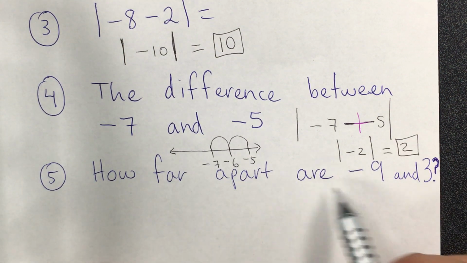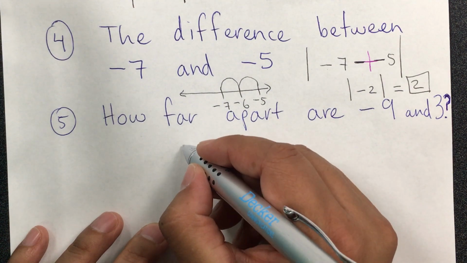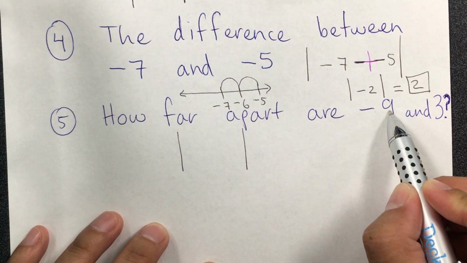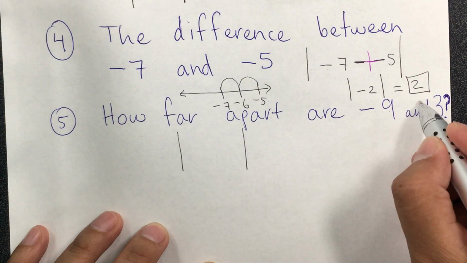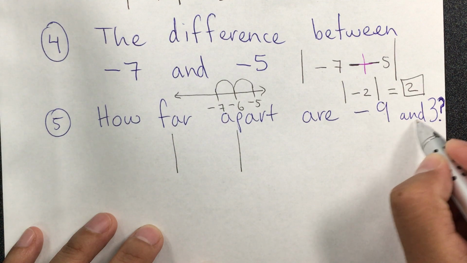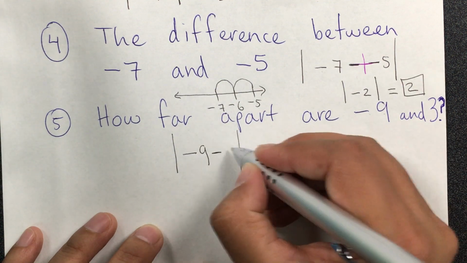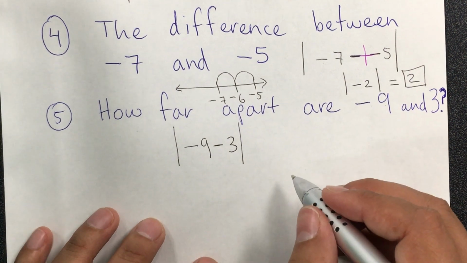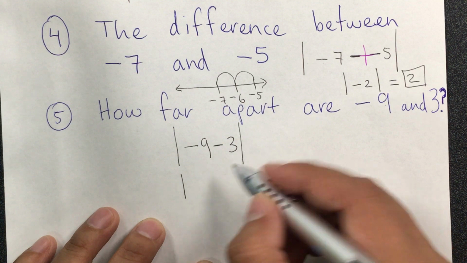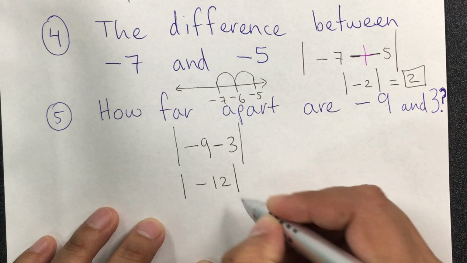How far apart are negative 9 and 3? Again, we find the absolute value. Far apart also means minus, but we put it where the word and is. So -9 minus 3, inside of the absolute value. -9 and -3 make -12.